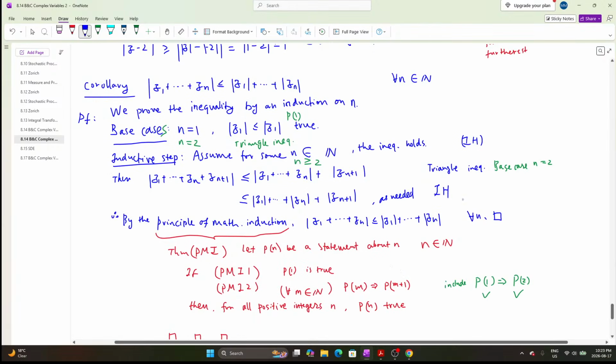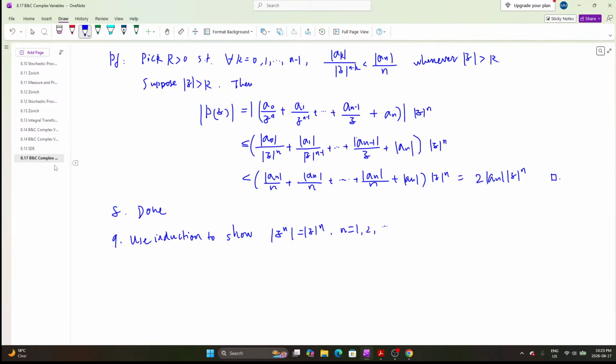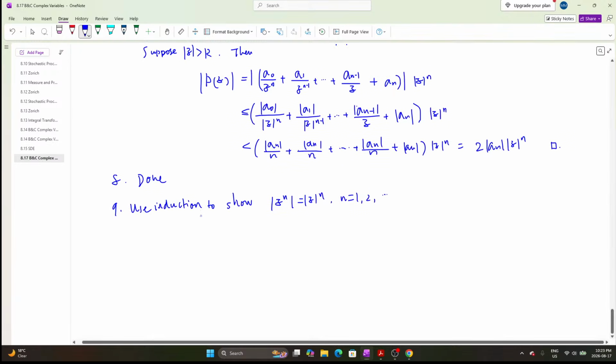Okay, so the bottom line is, as long as you have P1 implies P2, it doesn't matter if you treat n equals 1 or n equals 2 as the base case. And in both approaches, in the case of the triangle inequality corollary, you have to prove P of 2 separately regardless. So here, coming back to this induction, we face a similar situation. We choose n equals 1 or n equals 2 as the base case. N equals 1 is a tautology, once again.